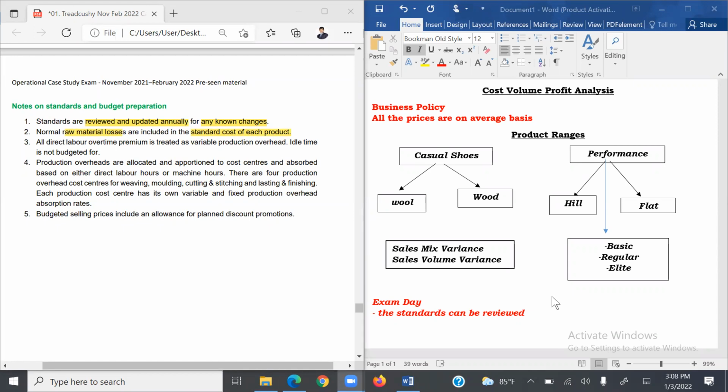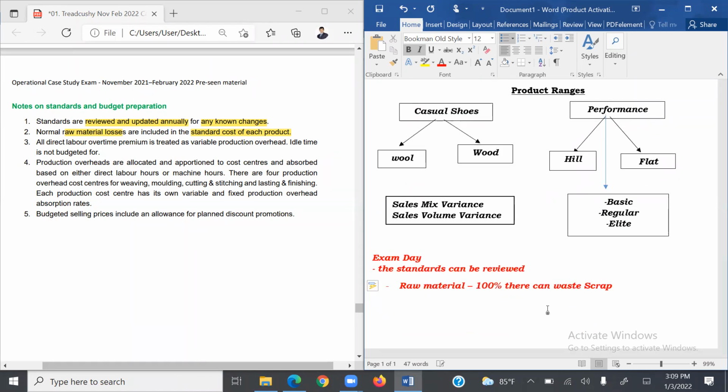Now, students, raw material loss. For example, I will write down here, raw material loss. If you see wool, do you think 100% of the wool can be utilized? I don't think so. There can be waste, because if you see a tailoring business, they won't use 100% of the fabric, because some fabric will not be consumed.